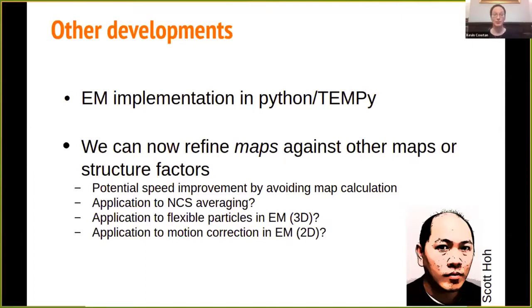Another possible application would be dealing with conformational variability in cryo-EM, where we have multiple different classes which differ by domain movements. We could combine different classes to further improve the number of particles contributing to any individual map, and therefore improve the resolution. And another possible application is this might be applicable to motion correction in EM images, in the original 2D images. So we would need another implementation for that in 2 dimensions.